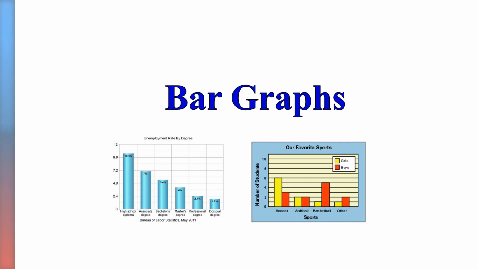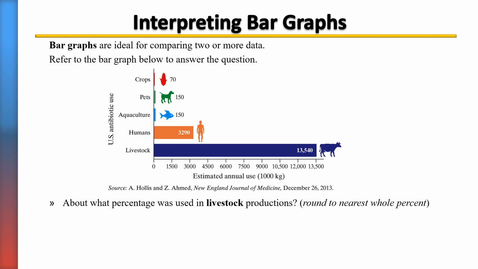Let's start with bar graphs. Bar graphs are ideal for comparing two or more data. If you look at the example below here, we have a graph of the U.S. antibiotic use. And we have categories: crops, pets, aquaculture, humans, livestock.